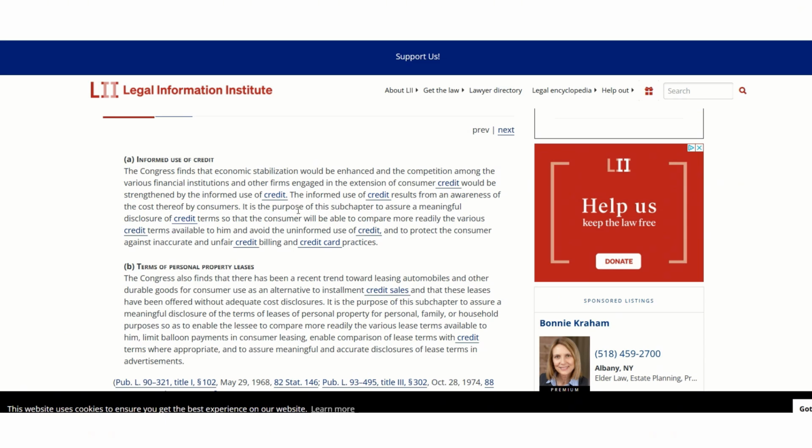It is the purpose of this chapter to assure a meaningful disclosure of credit terms, right? Keyword, disclosure of credit terms.